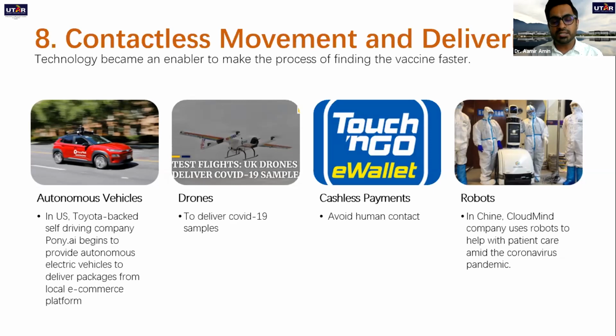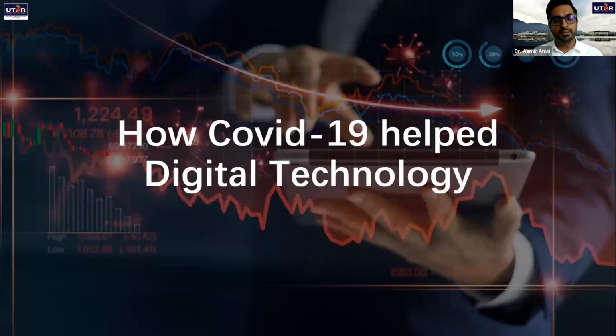We are able to watch movies and digital content at home, which makes it easier to stay at home. Imagine if we did not have any mobile phones or any digital content to watch, it would have been very difficult to stay at home as well. So again, technology has helped us in that way as well.